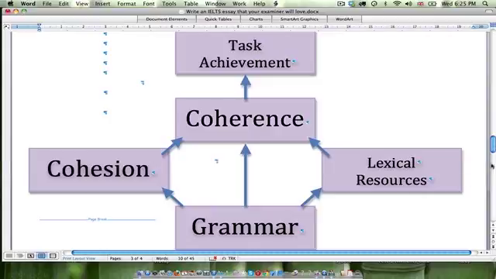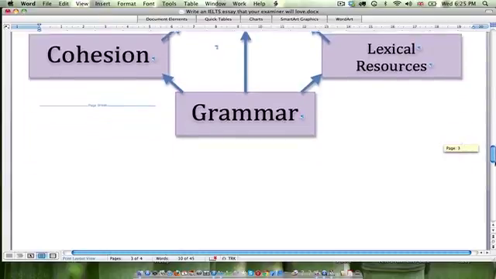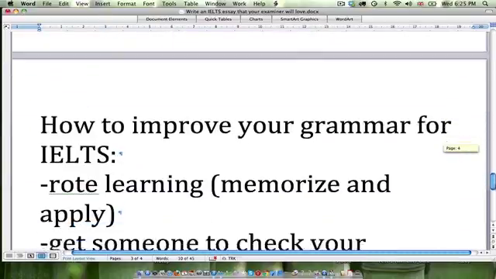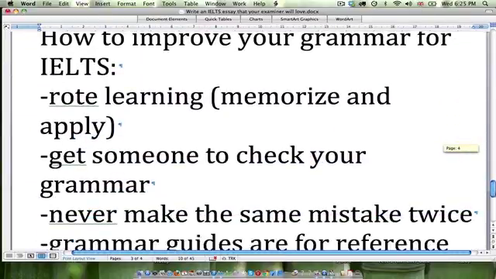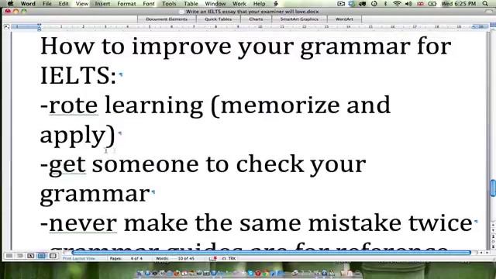Now, I want to share with you some strategies for IELTS that you can use to strengthen your grammar. The first strategy is to engage in rote learning.